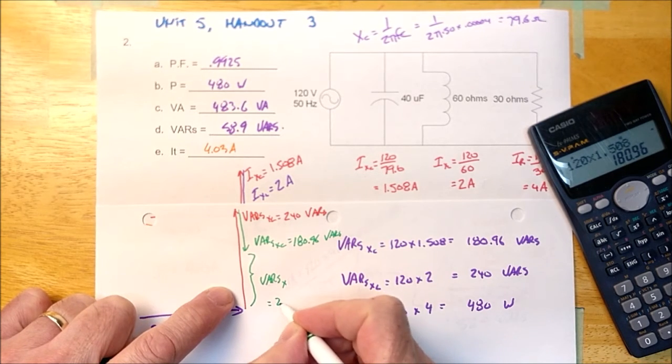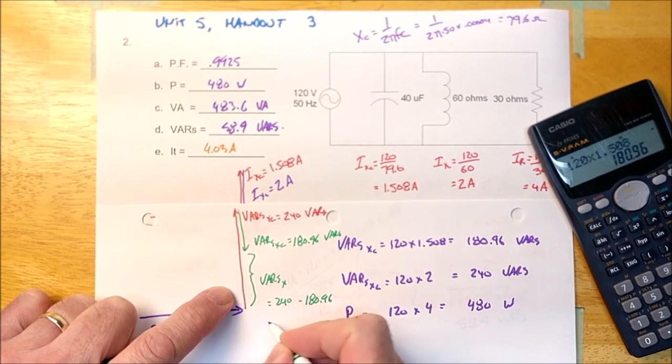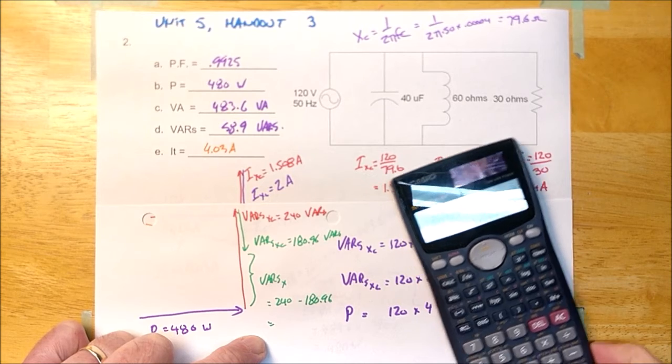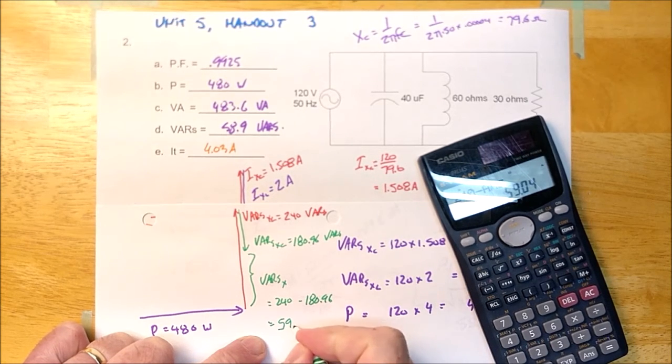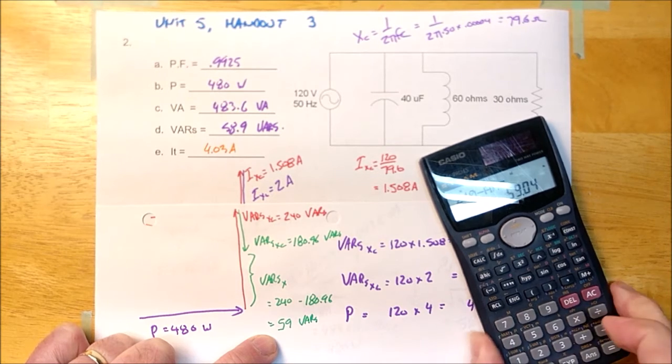And it would be equal to 240 minus 180.96. So 240 minus that, 59 VARs. Okay.